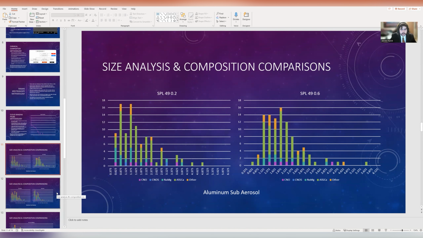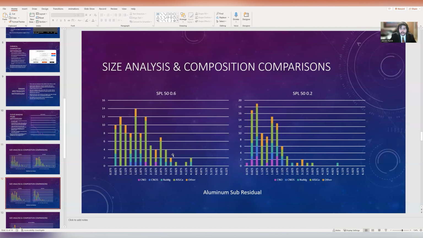So we'll go down here now to look at an aluminum substrate sample that is a residual sample, right? Which is just obtained differently, like I mentioned earlier. What we can see here is, once again, it's predominantly aluminum, silicon, calcium, and most of it is just going to be that.